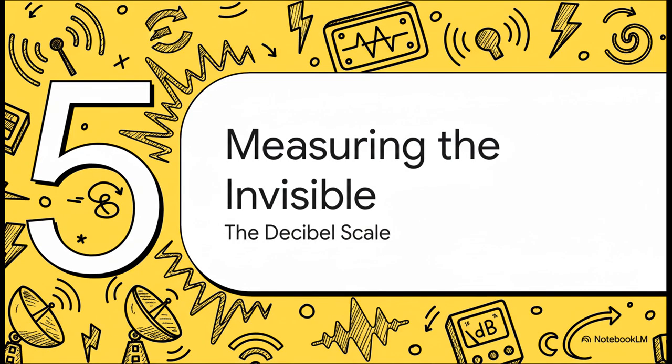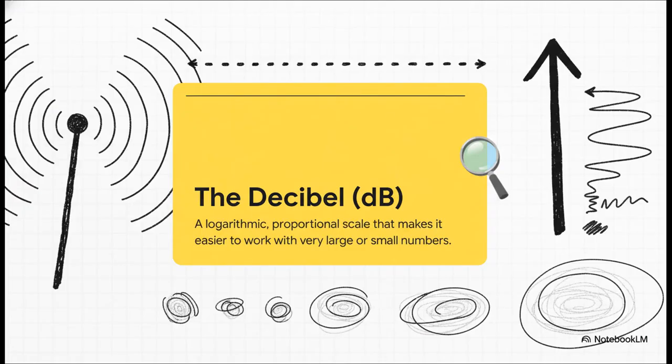We've talked about focusing energy with gain and losing it with bad polarization. But how do engineers actually measure these invisible forces with any kind of precision? Well, they use a unit called the decibel, or dB. It's a logarithmic scale, which sounds complicated, but it's really just a clever way to handle the huge swings in signal power without having to write out numbers with like a dozen zeros.